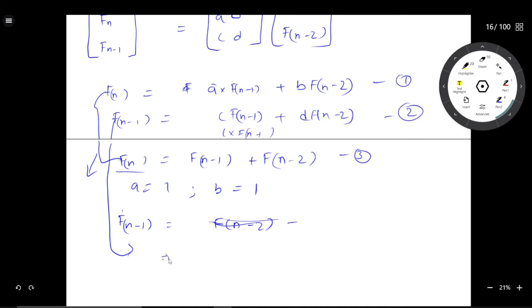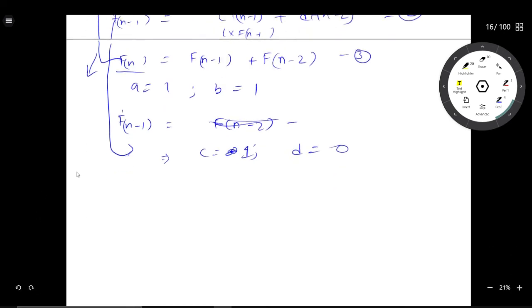This implies that c = 1, d = 0. So we get the matrix M = [1 1; 1 0].